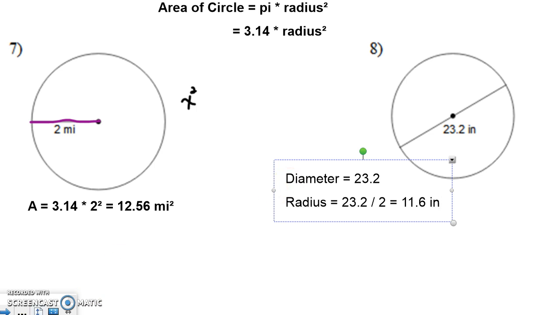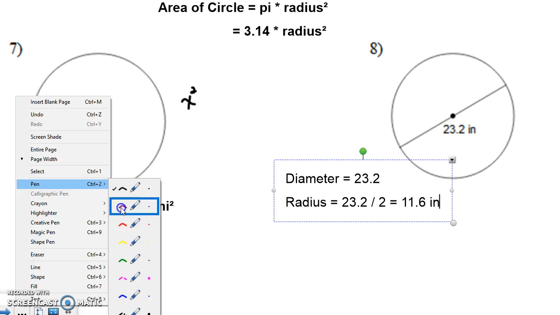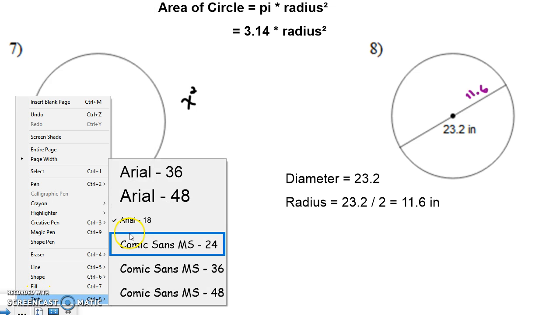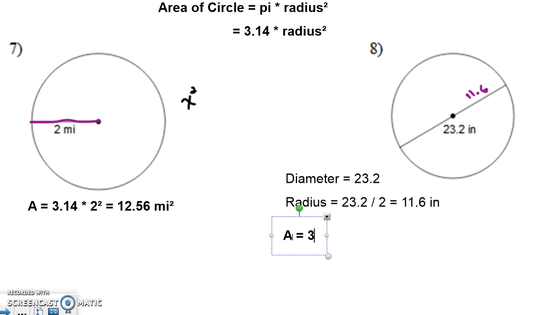So we have to make sure we're using the radius to find the area, not the diameter. So when I go to find my area, I will do 3.14 times my radius, 11.6 squared. And when you type that into your calculator, you should get approximately 422.5 square inches. And that is your answer.